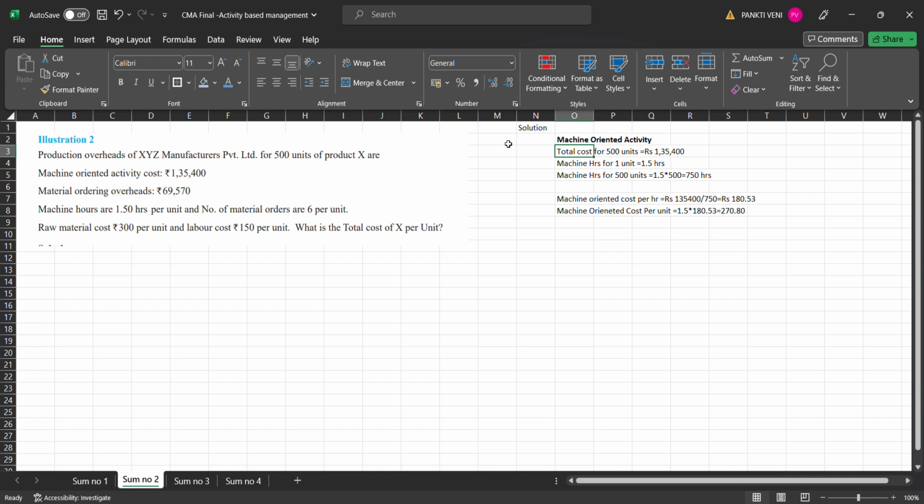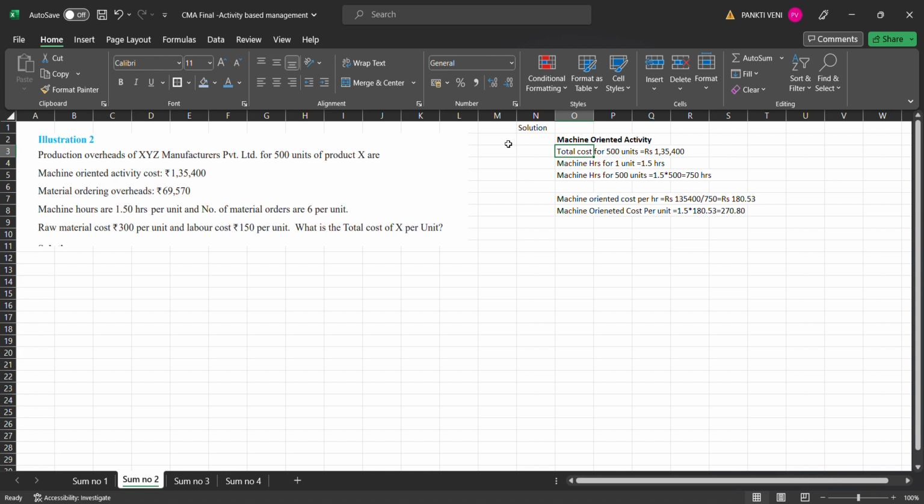1.5 घंटा लगता है एक यूनिट बनाने के लिए. तो 500 यूनिट्स बनाने के लिए कितना घंटा लगता है? 750 hours. So that part is clear. Now I want to find out costing. Per hour या per unit कितना लगेगा? तो 1,35,400 is total cost divided by total hours.